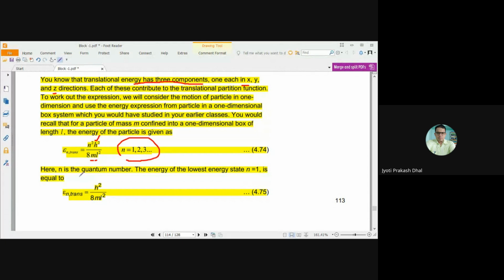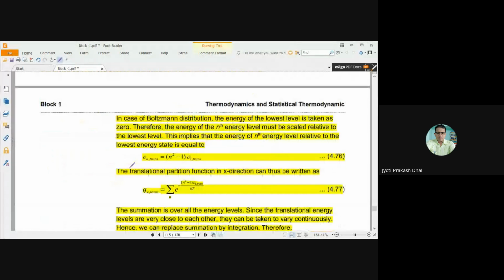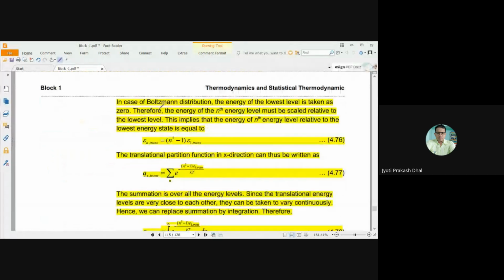Hence here n is the quantum number. For the lowest energy state, n equals 1, the translational energy is obtained by putting n equals 1 in this equation 74. By putting n equals 1, we can write epsilon 1 translational equals h square divided by 8 m L square. Now, in case of the Boltzmann distribution, the energy of the lowest energy level is taken as 0.